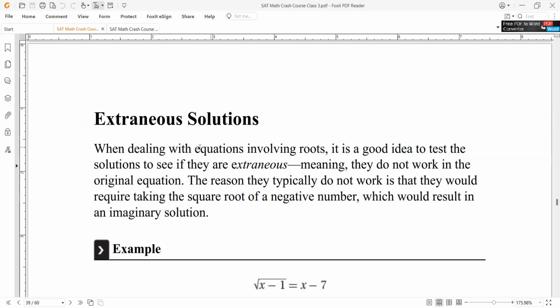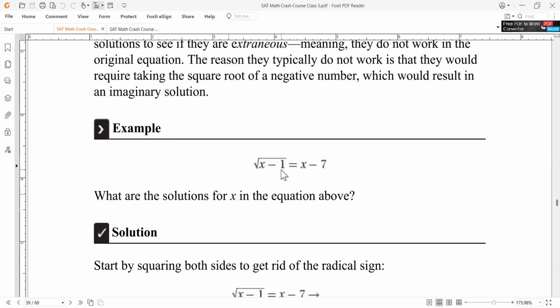So you are doing some extraneous things in an equation, and that will cause or give you the output of an extraneous solution. What is the meaning of doing extraneous jobs? I'm just talking in a very analogous way.